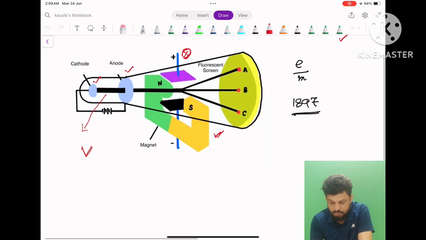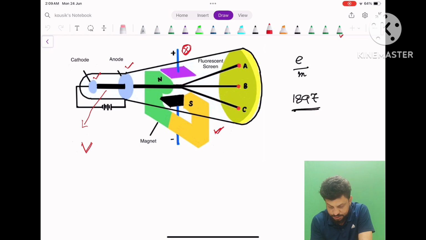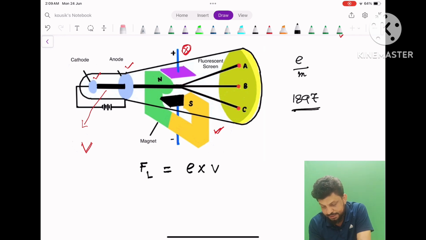The value of the Lorentz force is F equals e, the charge of the electron, multiplied by v, the velocity of the electron, and H, the magnetic field strength.